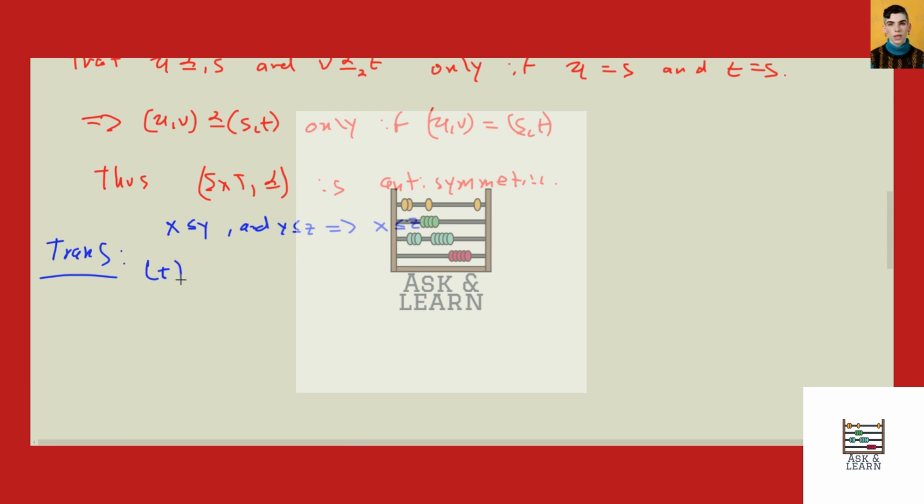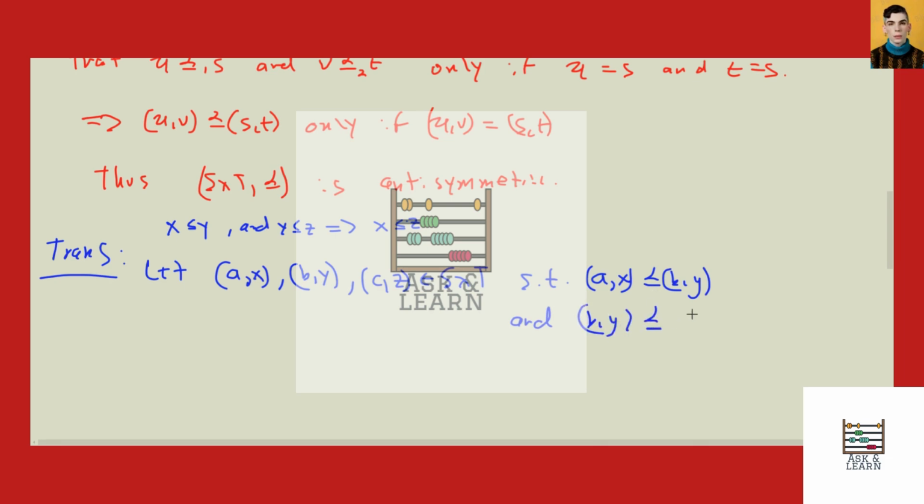All right, so I'm actually going to use (a, x), (b, y), and (c, z), and we're going to say that all of these are in S cross T. And we want these such that (a, x) is less than or equal to (b, y) and (b, y) is less than or equal to (c, z).